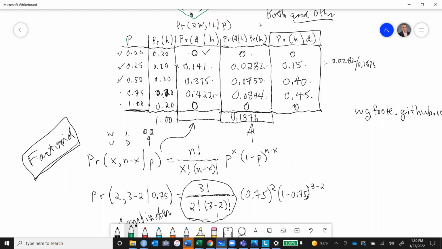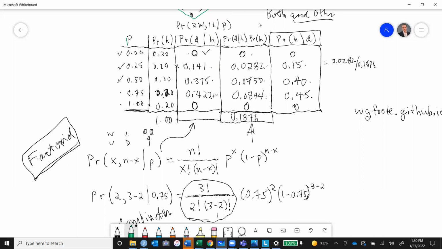So 2 water, 1 land is what that would say, given the vertical bars, given an hypothesis, P. And that's equal to the number of ways, which is 3, that complicated factorial formula, P to a power.